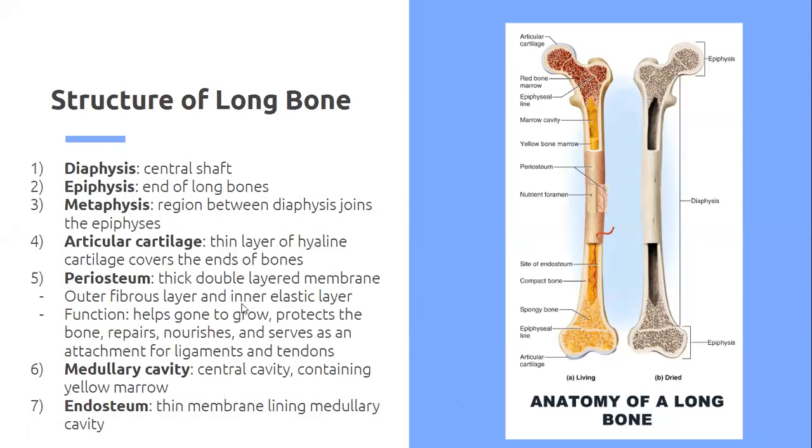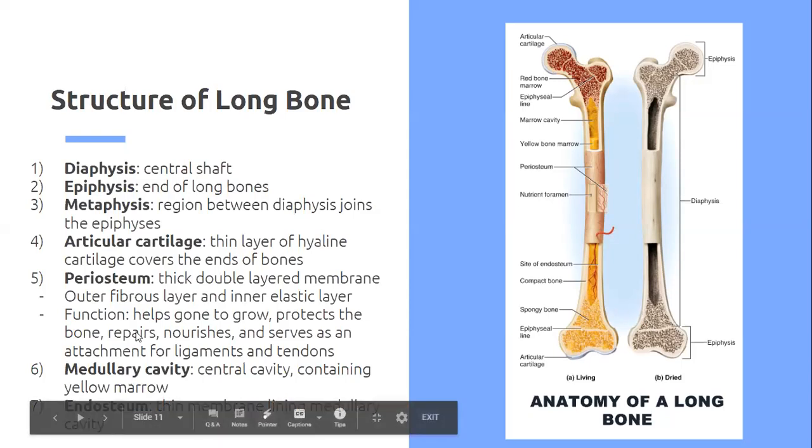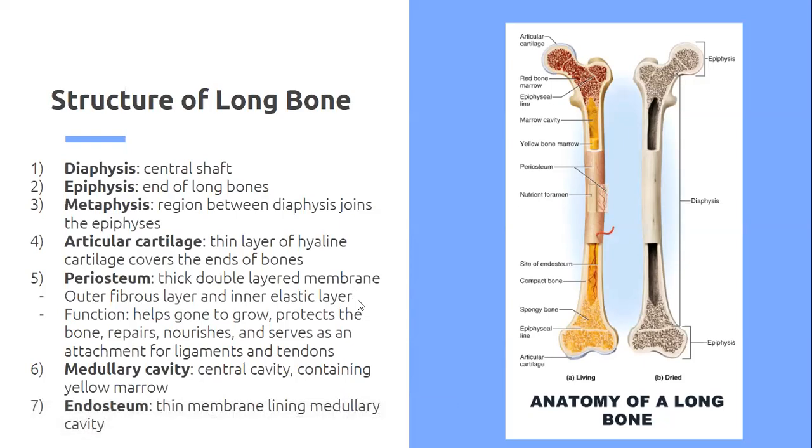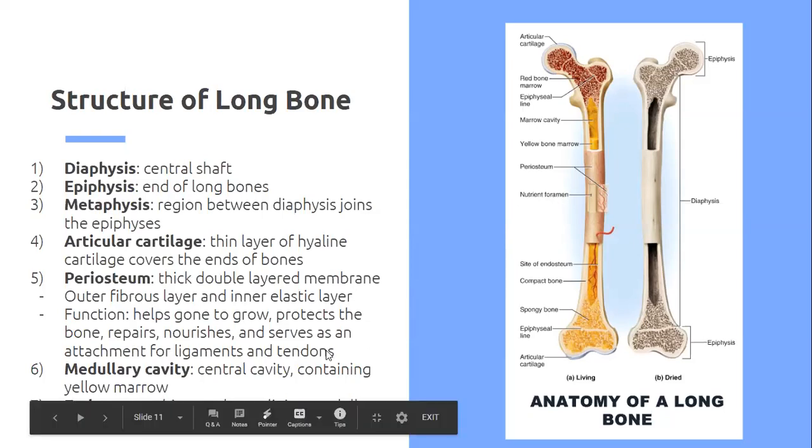The inner layer is elastic, meaning stretchy, so less resistant and less durable. The function of the periosteum is to help bone grow. It protects the bone, repairs, nourishes, and serves as an attachment for ligaments and tendons. It has a very important role.